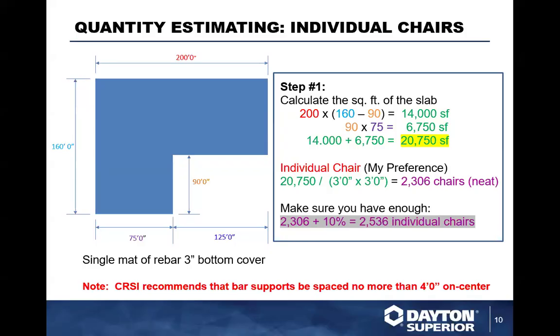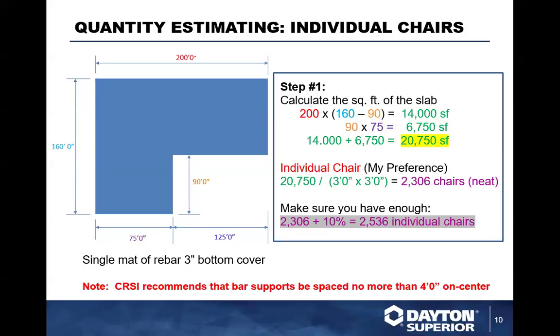Gives me a grand total of 2,306 chairs. To make sure I had enough shipped out to the job site, because it never fails that you will have a job in the middle of nowhere and you will try to do it tight and you'll end up being a handful short. So to make sure I have enough here, I'd add 5 to 10%. So I'd probably add this one here up to about 2,536.